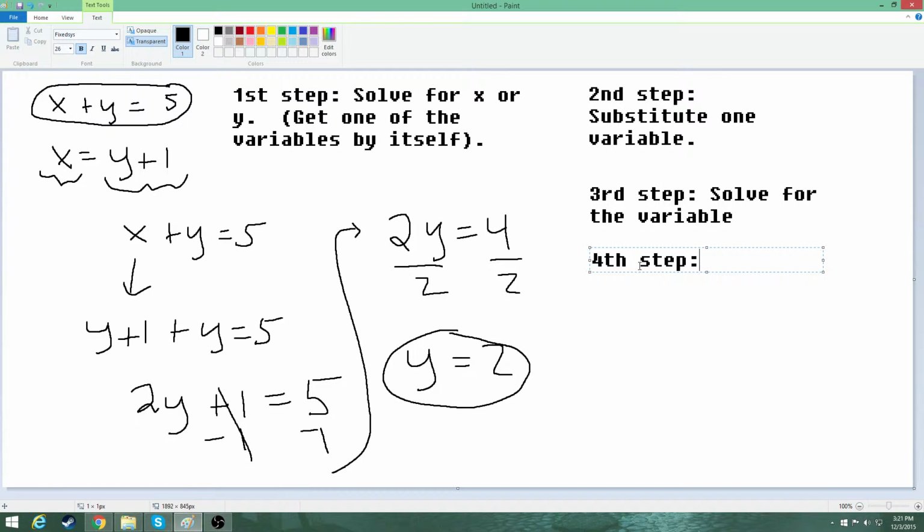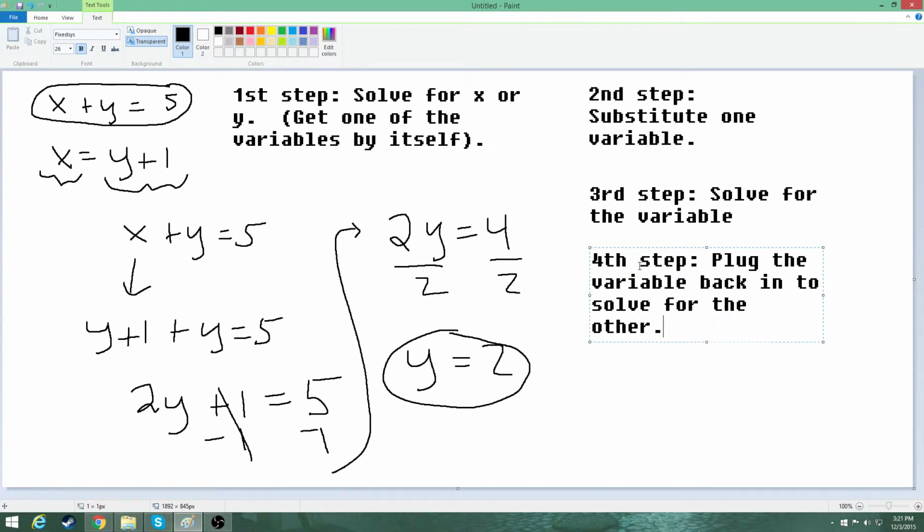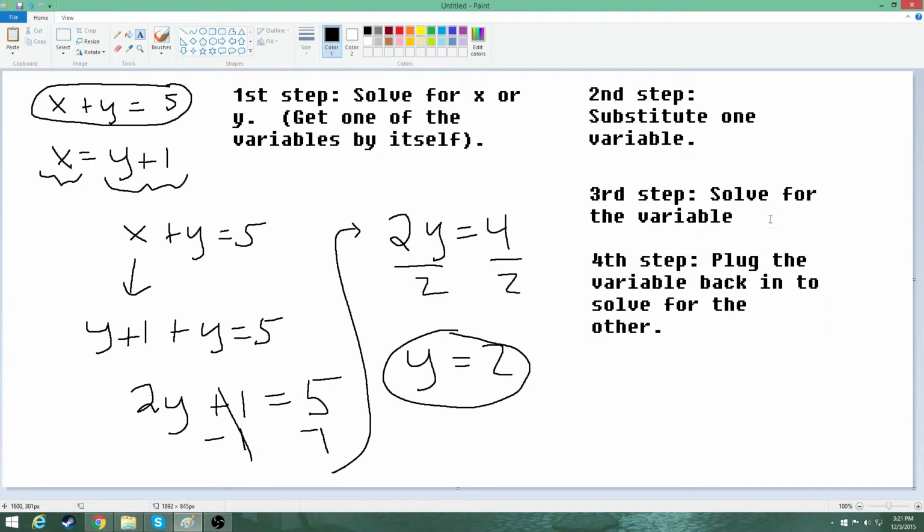The fourth step is plug the variable back in to solve for the other. Okay, we're going to plug the variable back in to solve for the other. Make sure you guys are writing this down.